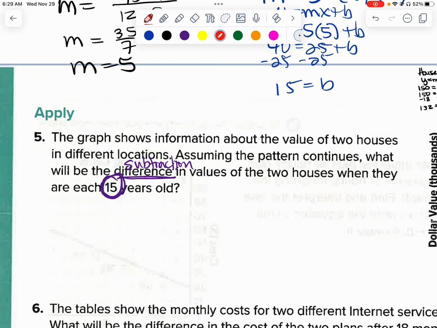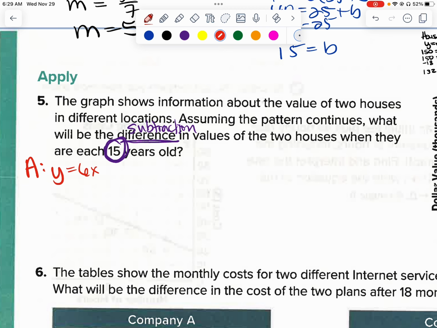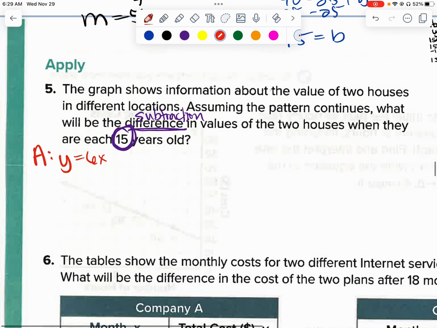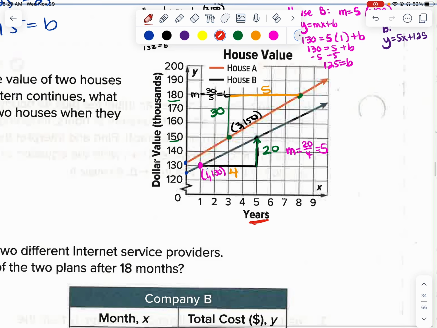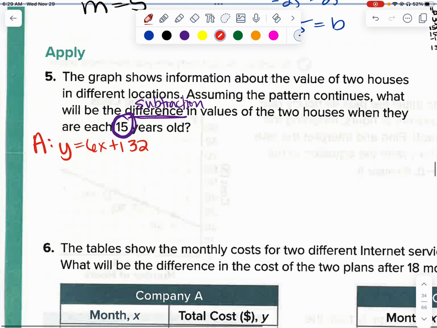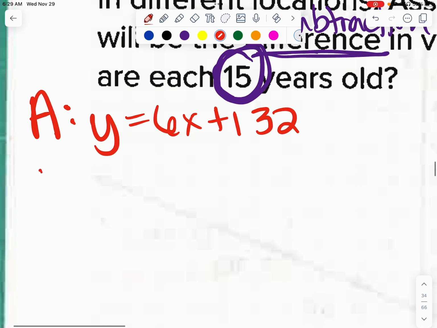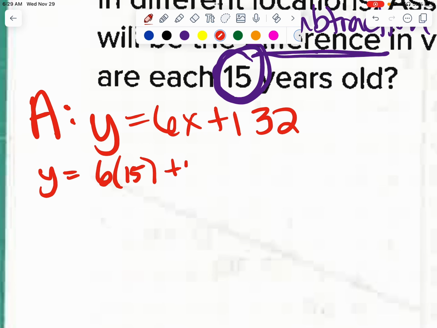So I'm going to take my A equation, which was y equals 6x plus 132. And the x is standing for number of years, right? Right here it says years. So x is standing for years. So I'm going to replace x with 15 so that I can figure out what the total cost would then be.